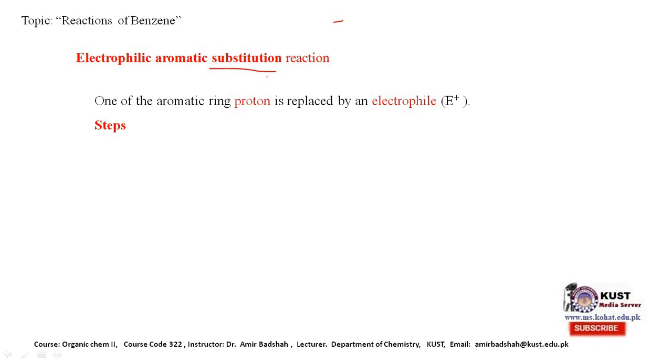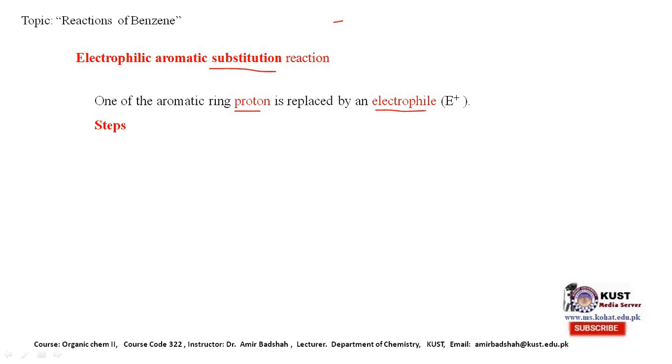So which electrophile replaces which one? Mostly the electrophile which is substituted is a proton, and the incoming electrophile may be different. It may be a halogen, a nitro group, a sulfonic group, or many others.